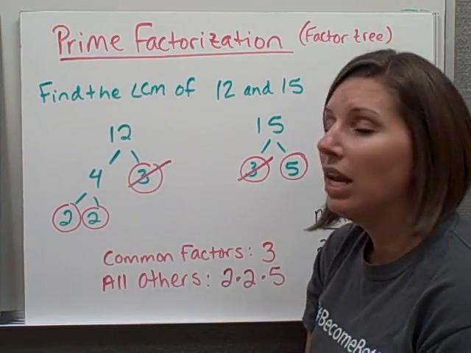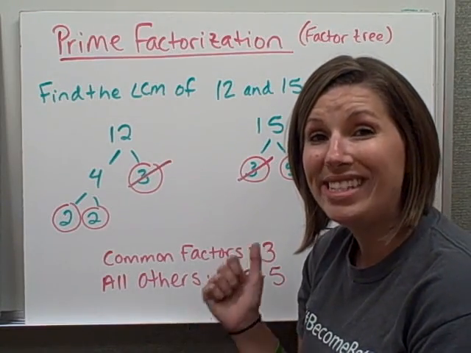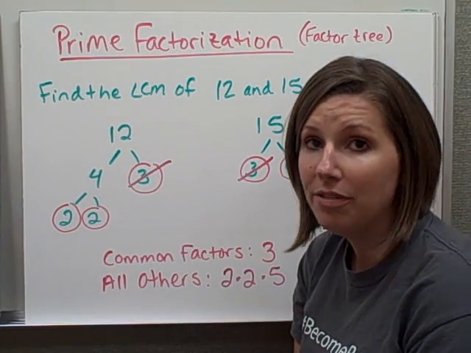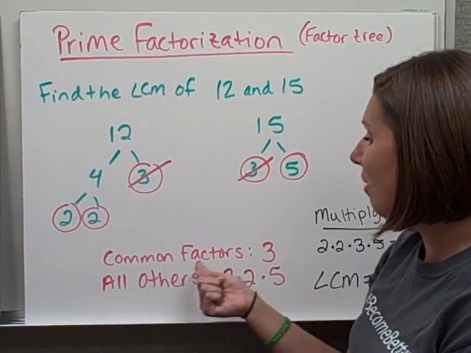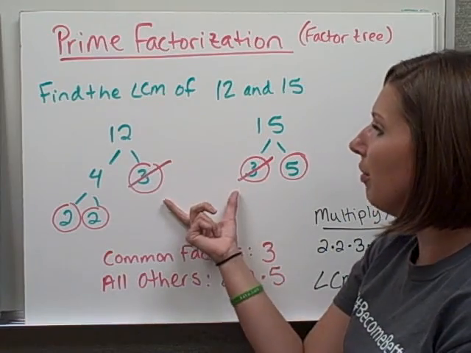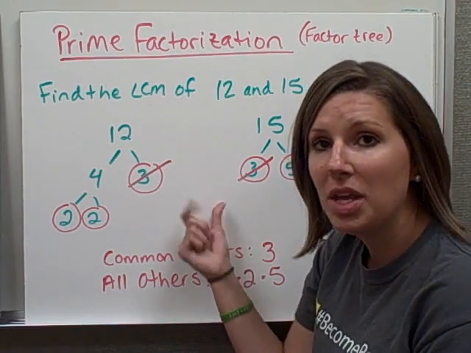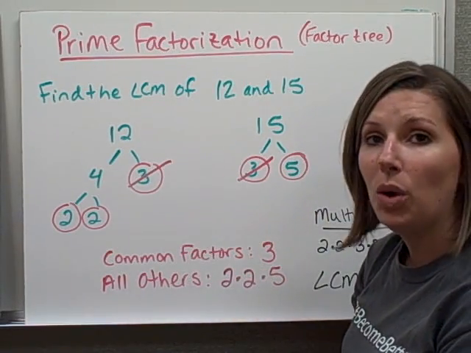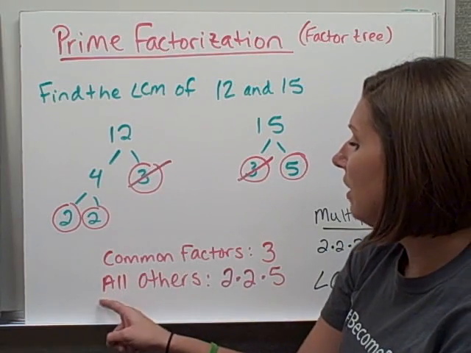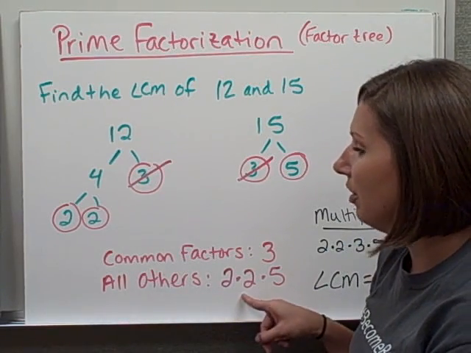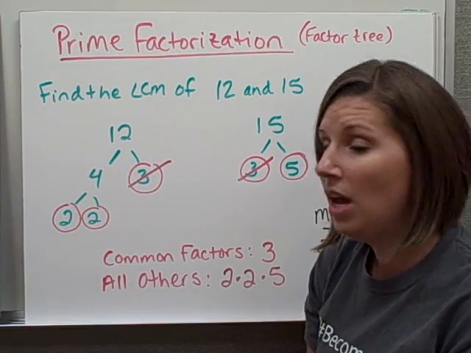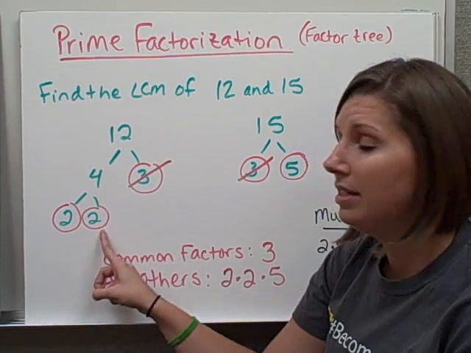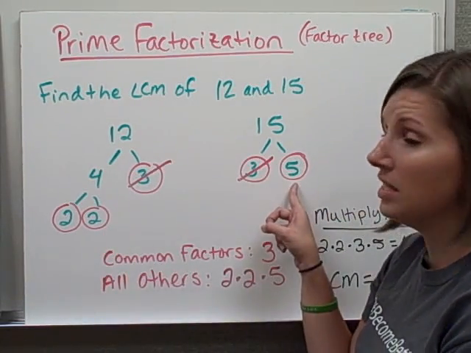Simple as that. Now what I have to do here, which is different from GCF, is I need to pull out all my common factors. 3 was my common factor. So I'm just going to write it down once, and then I need to write down all the other factors that I did not use. I did not use this 2, I did not use this 2, and I did not use this 5.